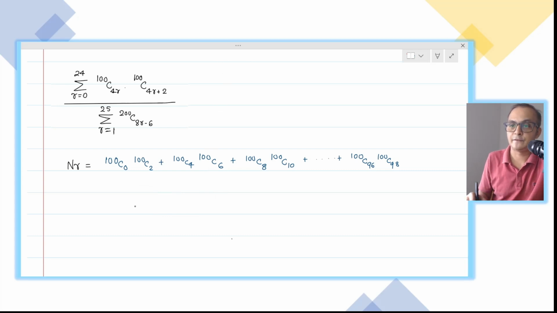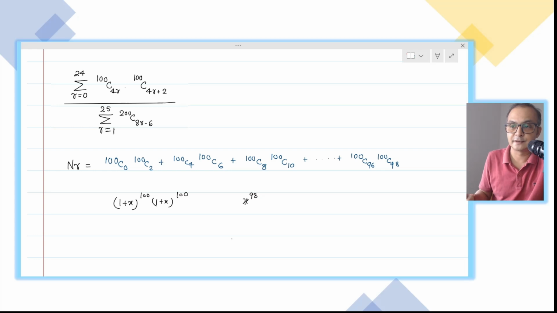Because if I'm looking for x to the power 98 in the expansion of these two binomials, how will x to the power 98 be built up?